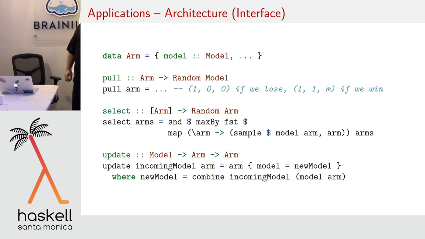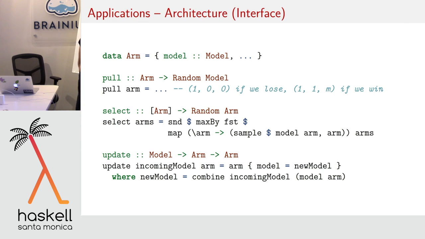Select takes a list of arms and gives us one of them, and this is the sampling. What we do is we take our arms. For every arm, we sample the model that belongs to that arm, and I'm just packaging it with the arm for a kind of data pipeline just next, because we're going to take the max by the first argument of the pair.